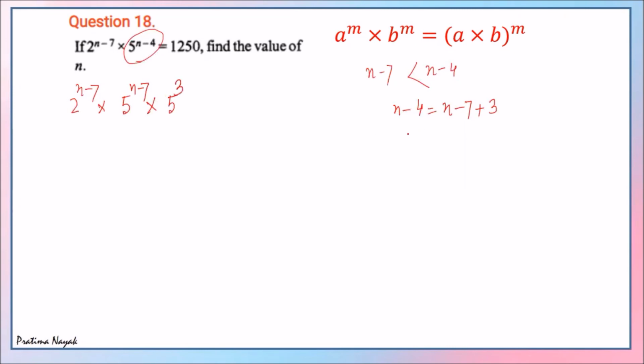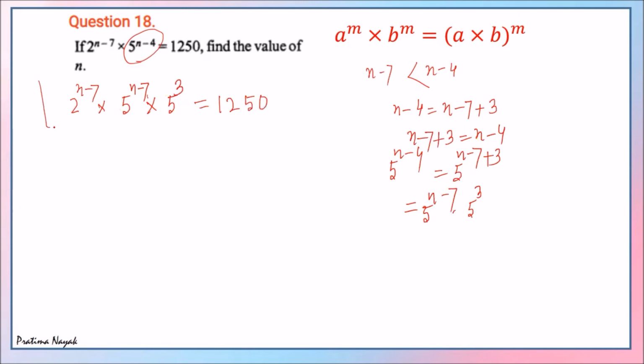Just see, n minus 7 plus 3 is equal to n minus 4. So I broke 5 to the power n minus 4 into 5 to the power n minus 7 plus 3, or this is equal to 5 to the power n minus 7 into 5 to the power 3. So this is equal to 1250.